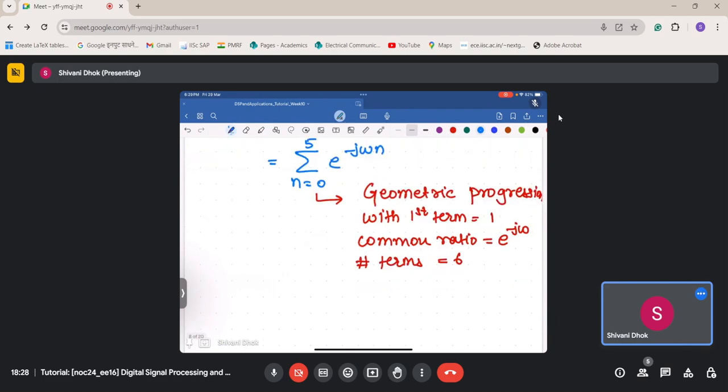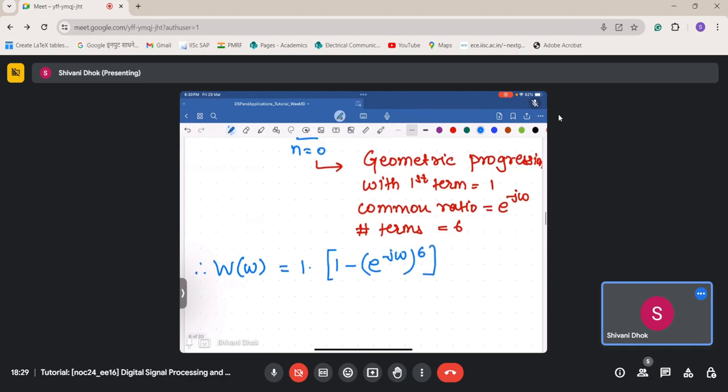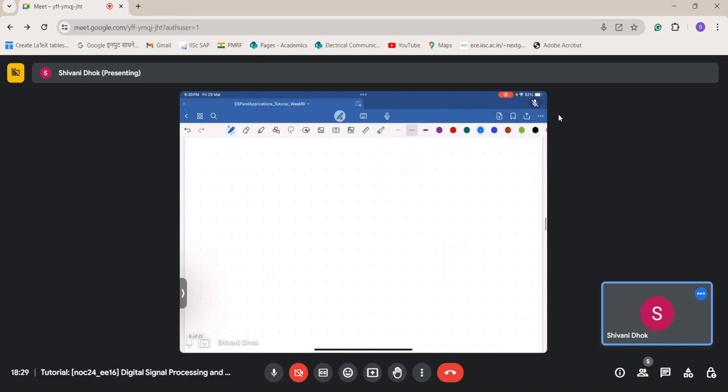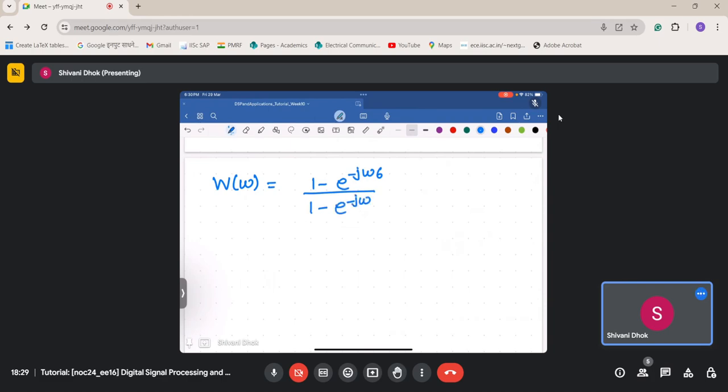Therefore W of omega is first term into 1 minus e power minus j omega to the power number of terms, divided by 1 minus common ratio. So W of omega is 1 minus e power minus j omega 6 upon 1 minus e power minus j omega.